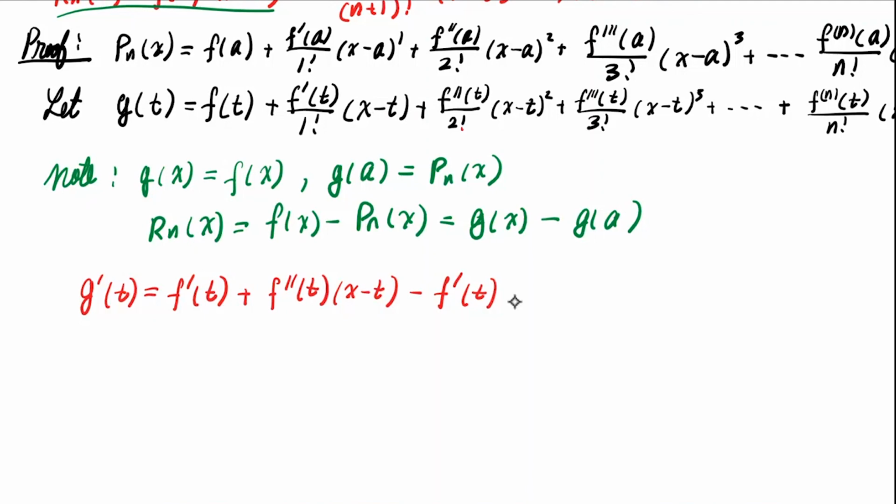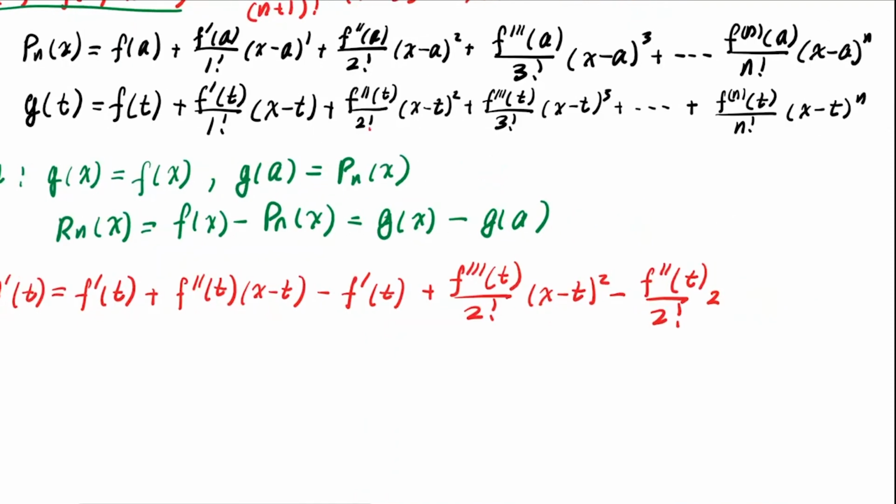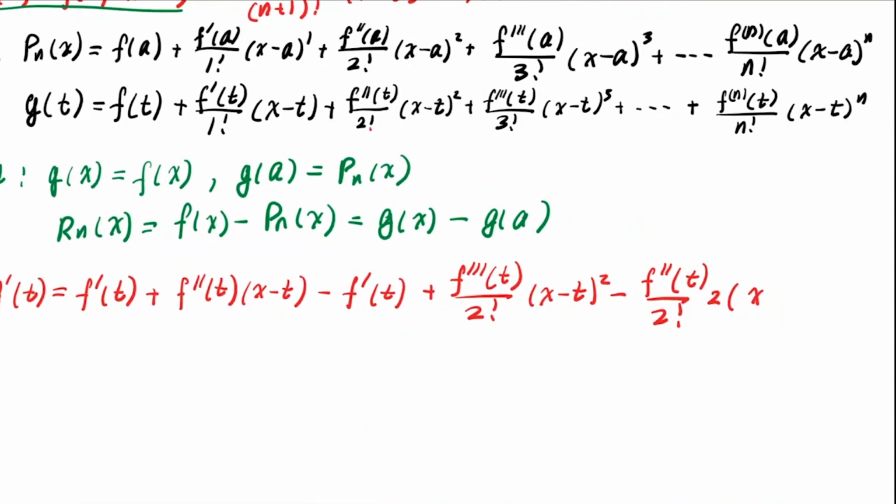I'm going to do the next term, plus f triple prime of t over 2 factorial times x minus t squared, and then this will be minus f double prime of t over 2 factorial, and then the derivative of that will be 2 times x minus t, and the chain rule will make this thing negative.